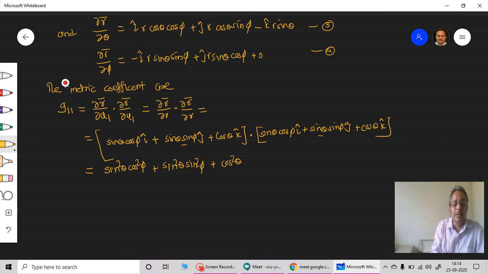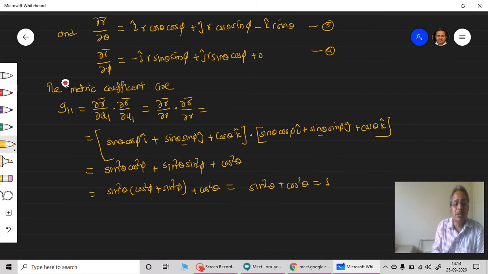So I will get, sin square theta is common, so that can be taken outside: sin square theta into the bracket cos square phi plus sin square phi. I can use the trigonometric identity here: cos square phi plus sin square phi must be equal to 1, plus cos square theta. Therefore this is sin square theta plus cos square theta, which is equal to 1.